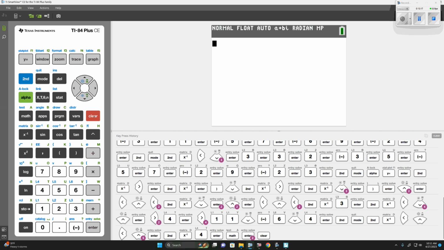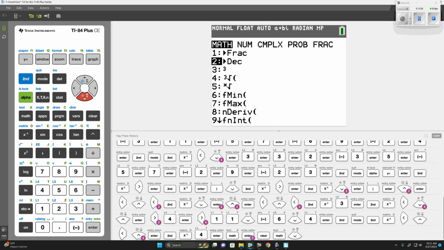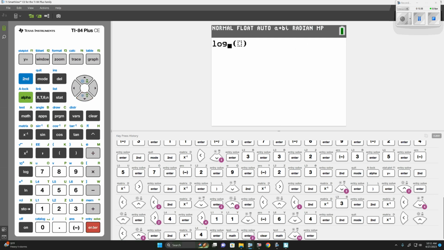Now the yellow calculators, the 30XS, do have a logarithm button, and this one has it too, LOG, but this is dealing with common logs. But if we hit math and scroll down, it does have log base.